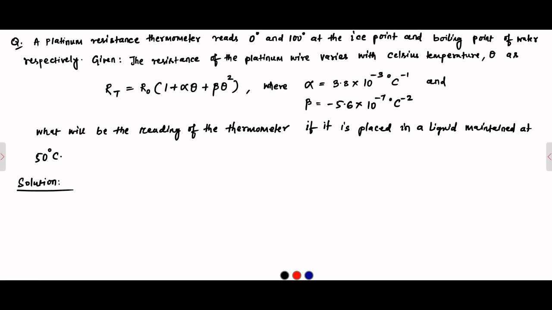Alpha is 3.8 into 10 to the power minus 3 per degree Celsius, and beta is minus 5.6 into 10 to the power minus 7 per degree Celsius squared.